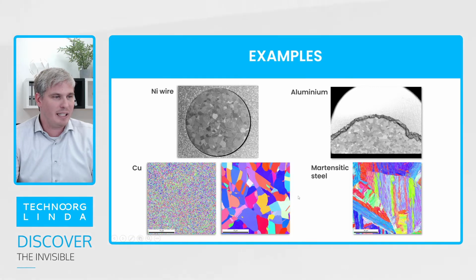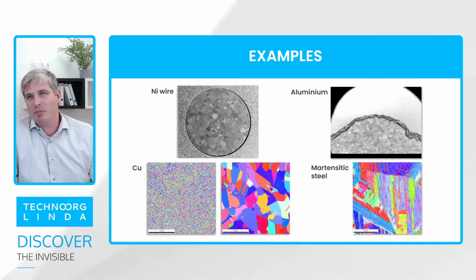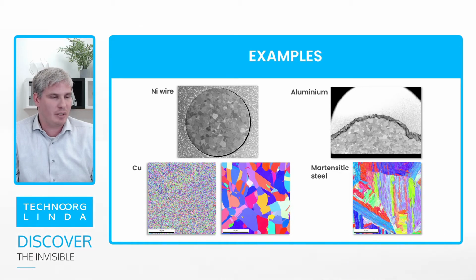In case of soft materials, usually just some minutes or 10-15 minutes is enough to remove the amorphous and the destroyed layers completely and get these kind of images. This is the case in super hard materials like martensitic steel as well, so it's absolutely possible to achieve the top quality.